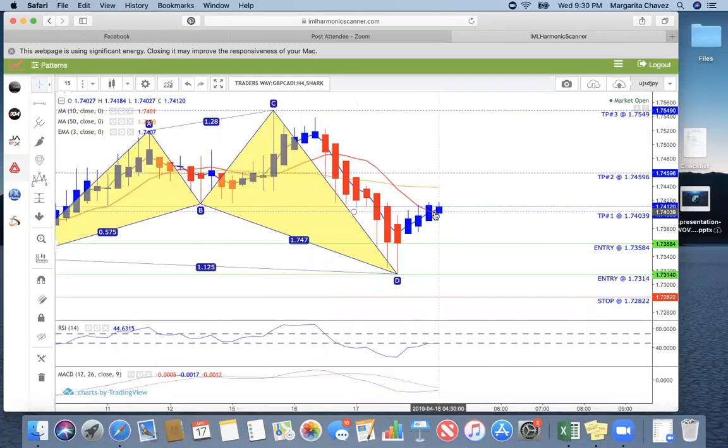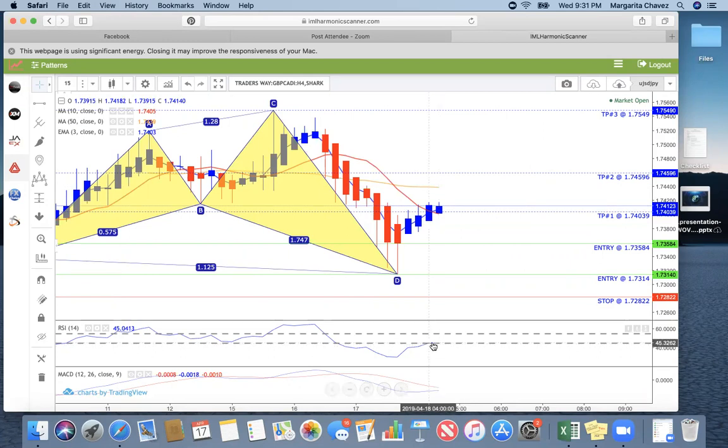So if you look at this one, the blue and the red crossed. And 15 minutes is where you do market execution. So the blue and the red crossed, and then we have to look directly down, and right below here it is on the street.